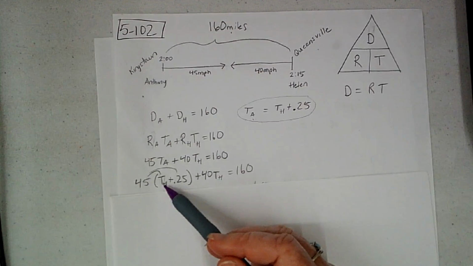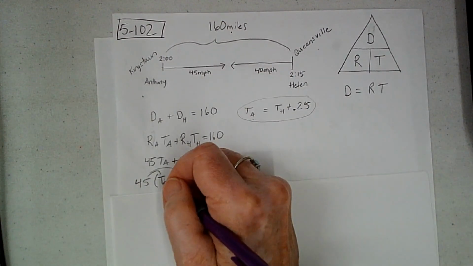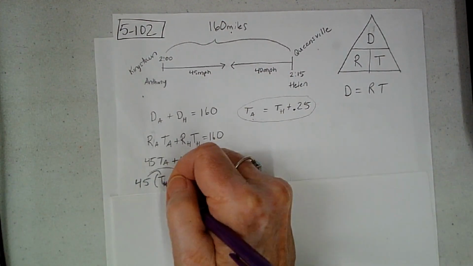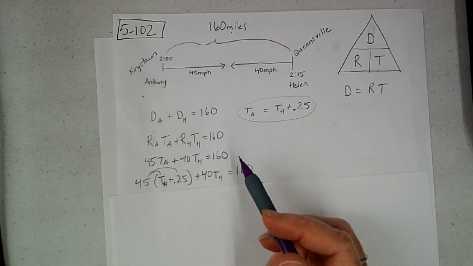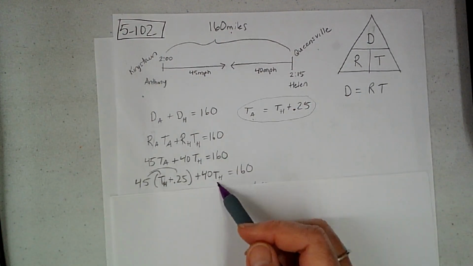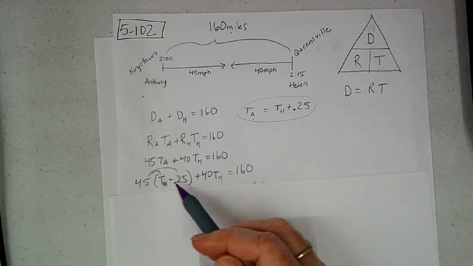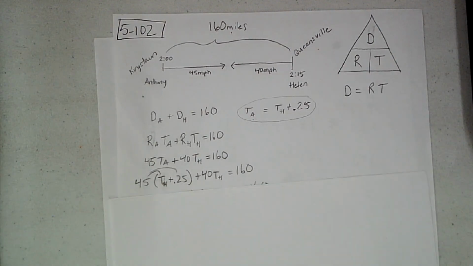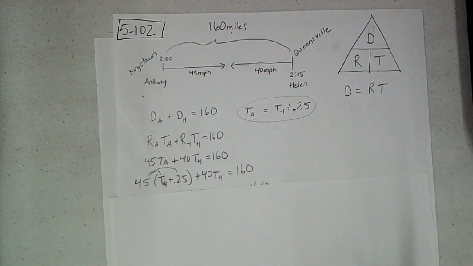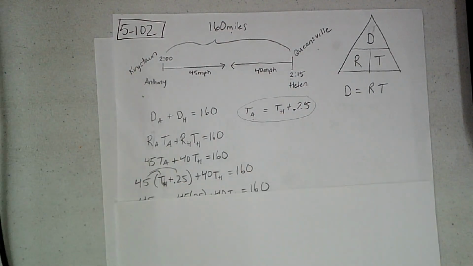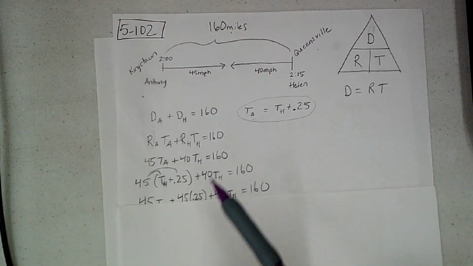I plugged in T sub H, time of Helen, plus 0.25. And then now all I have to do is some algebra. I'm going to find out what Helen's time was. And then once I find out what Helen's time is, I can just add it to 2:15, and I'll know what time it was when she met Anthony.